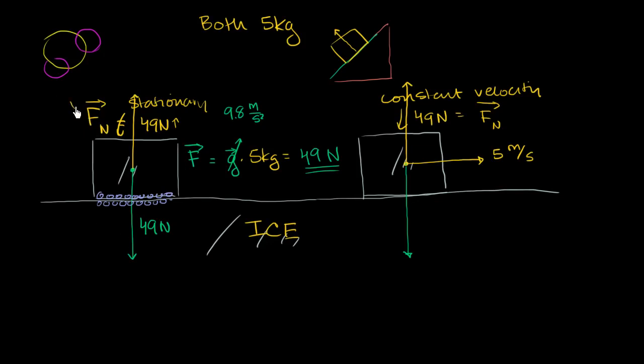So maybe it looks something like this, and it has its 2 hydrogens. And so what's keeping this block of ice from going down further is the repulsion between the electrons in this molecule and the electrons in that molecule. So on a macro level, we view this as kind of a contact force. But on a microscopic level, on an atomic level, it's really just electromagnetic repulsion at work.